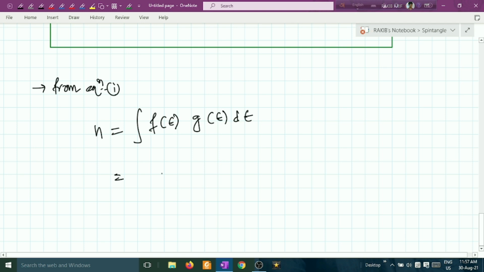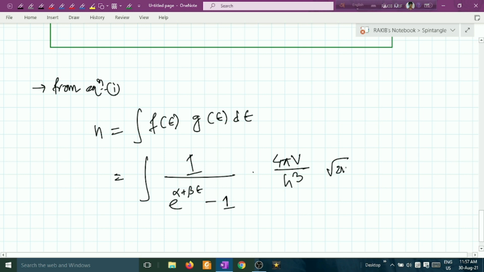In case of Bose-Einstein statistics, f(E) is 1 upon e to the power alpha plus beta E minus 1. In the previous class we have discussed this topic. And what is our g(E)? g(E) is 4 pi V upon h cubed, root over 2m times m, E to the power half, and here it is a dE term.